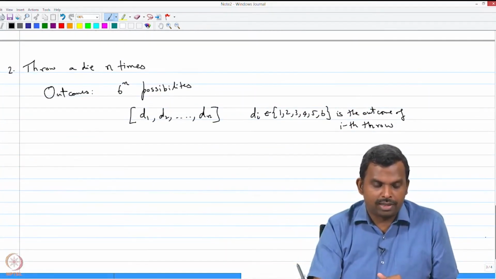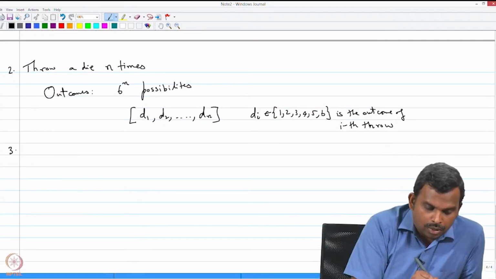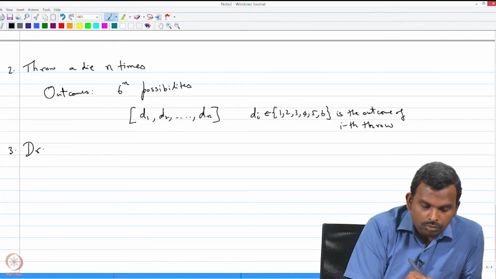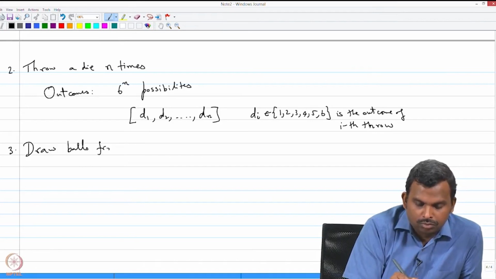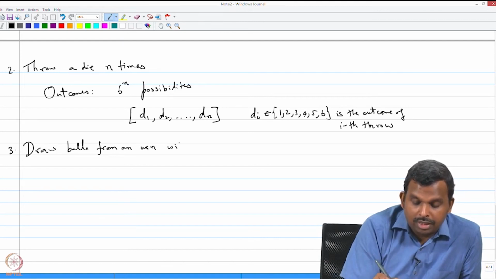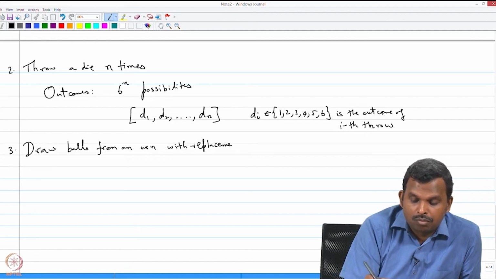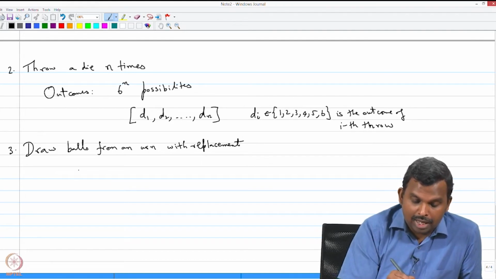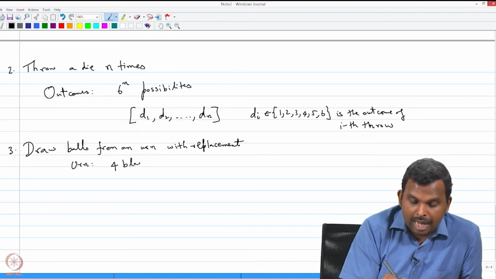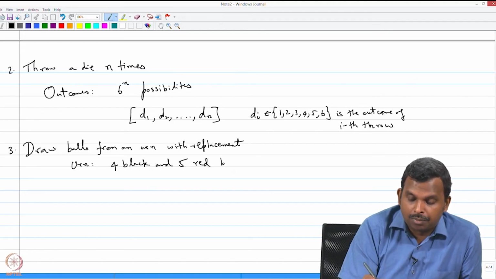Maybe a smaller example. So, third one, from an urn with replacement. This is going to be my third example. I have an urn with, let us say, 4 black and 5 red balls.